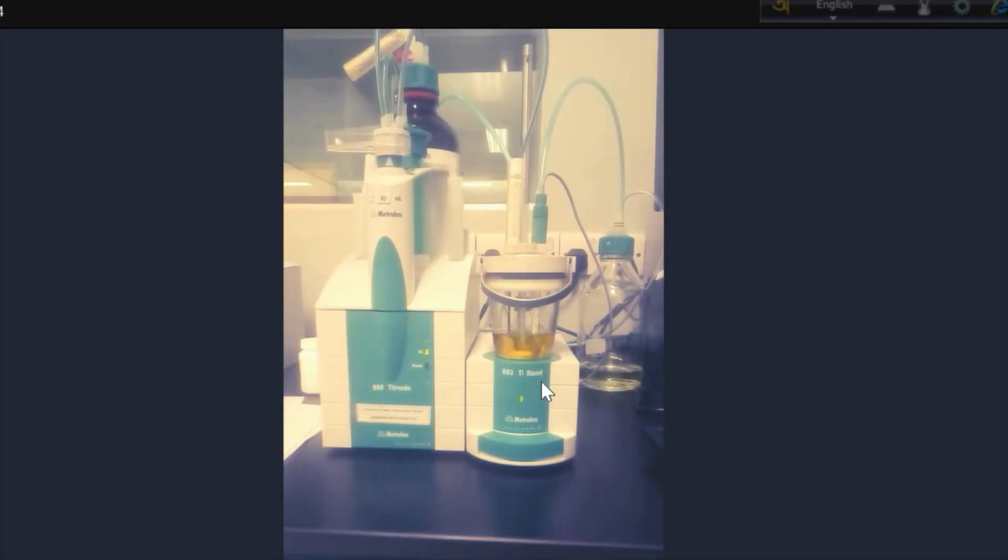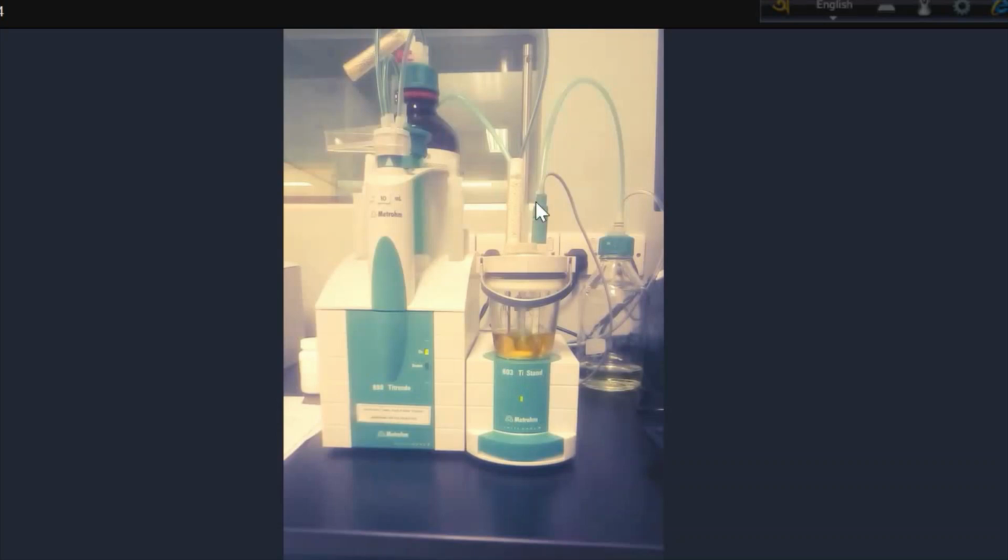So, what is the mechanism? Now we can discuss the mechanism of this Karl Fischer titrator. Basically, it works based on the chemical reaction between the water and iodine.